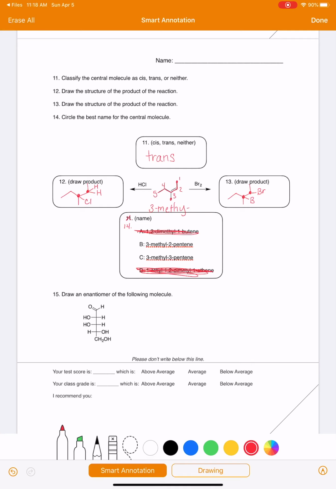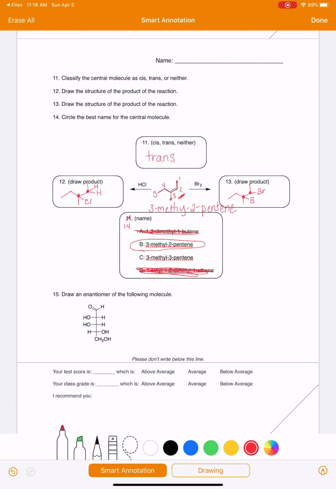And this is tricky. When you're locating the position of the double bond, even though it goes across 2 carbons, this one goes from 2 to 3, you only say the location of the first carbon. In this case, we only say 2. We don't say 2, 3, we just say 2. 5 carbon chain, pent-ene. So your correct name is B.